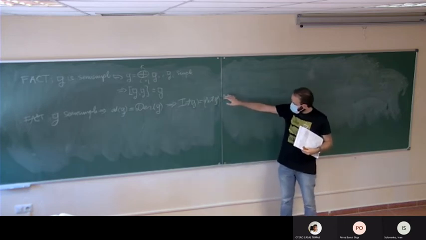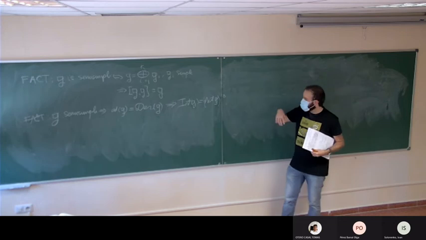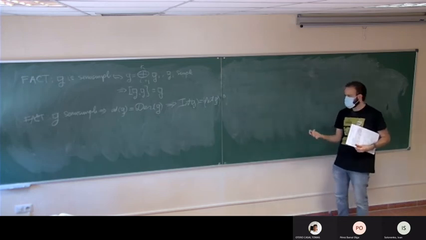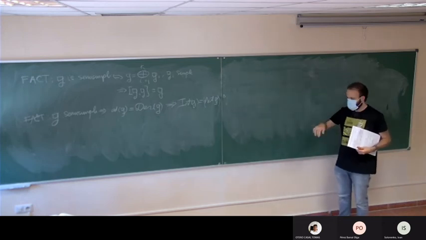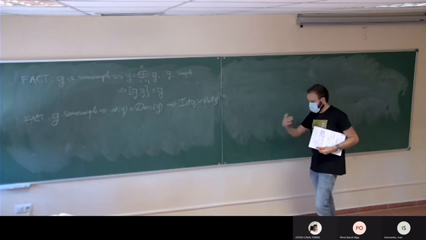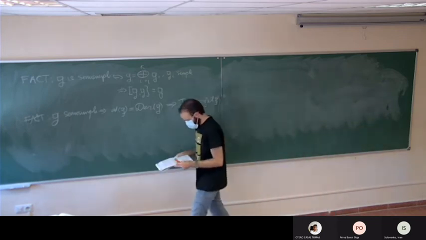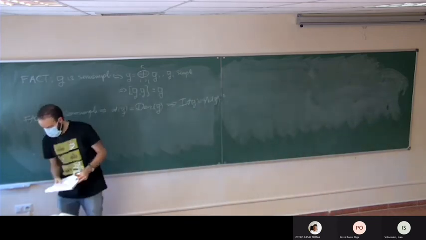This superscript 0 means taking the connected component which contains the identity, which is known to be a normal subgroup, and it's open and closed, and everything good. Okay.